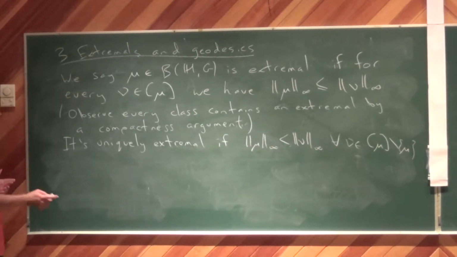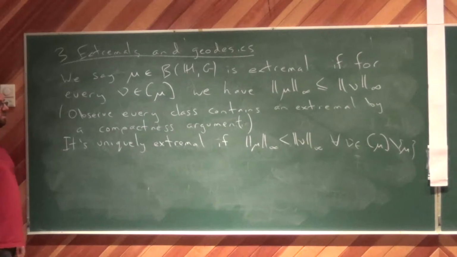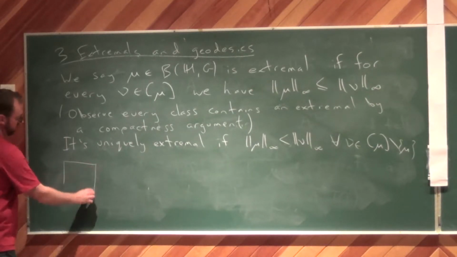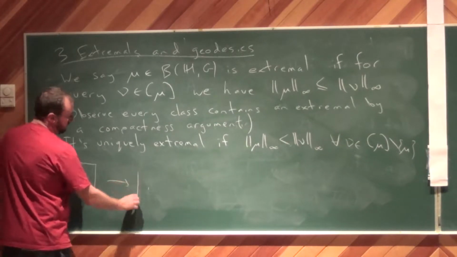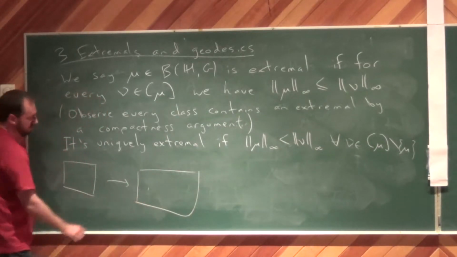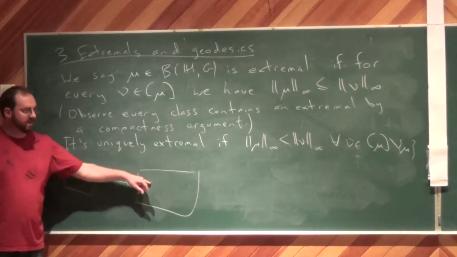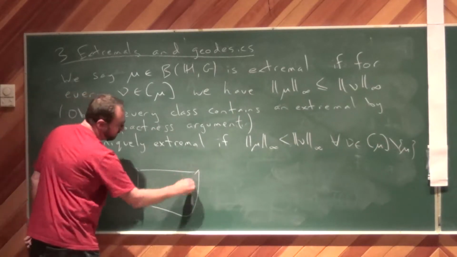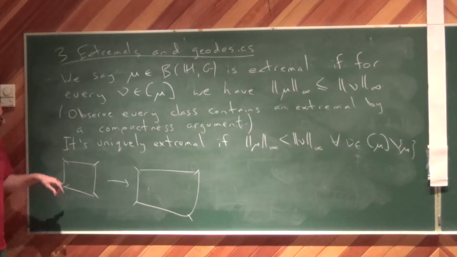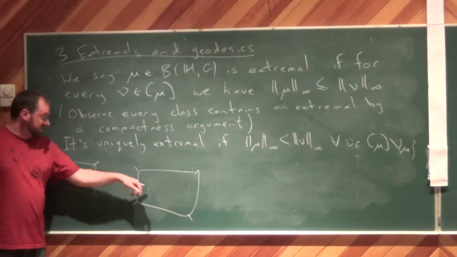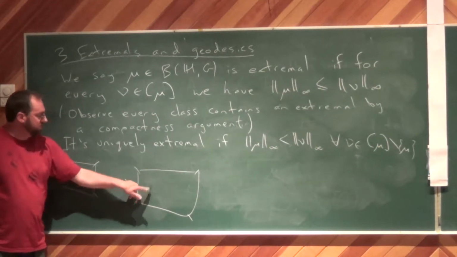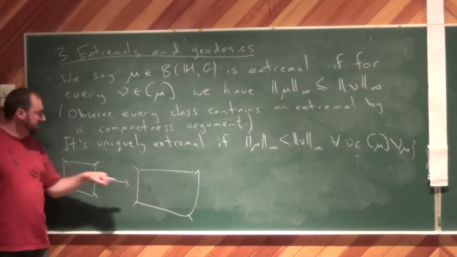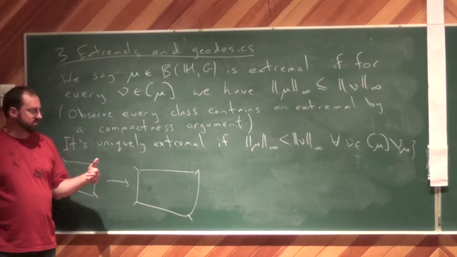So if we recall the Grötzsch argument that we had back in lecture 1, that was to do with a quasi-conformal mapping from one rectangle to another, which sent the vertices to the vertices respectively. And we said that the smallest dilatation quasi-conformal map that you can have that does this from here to here is just a stretch.